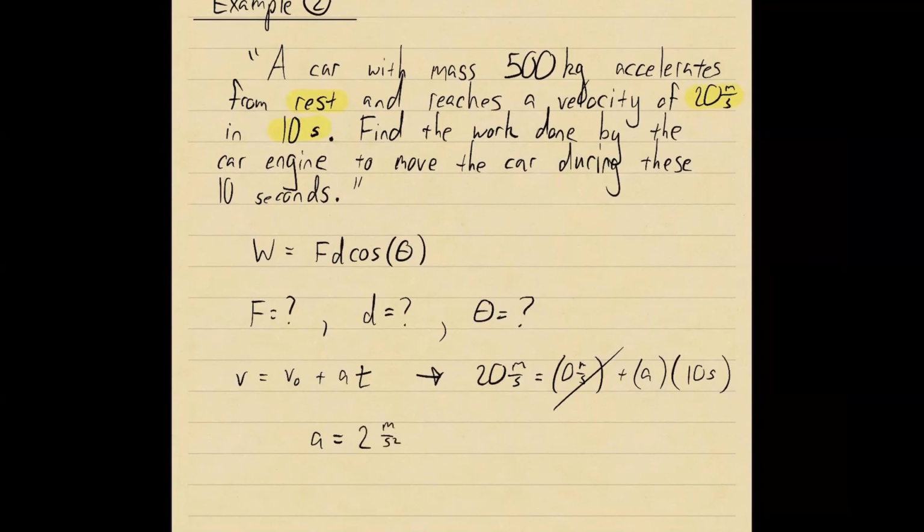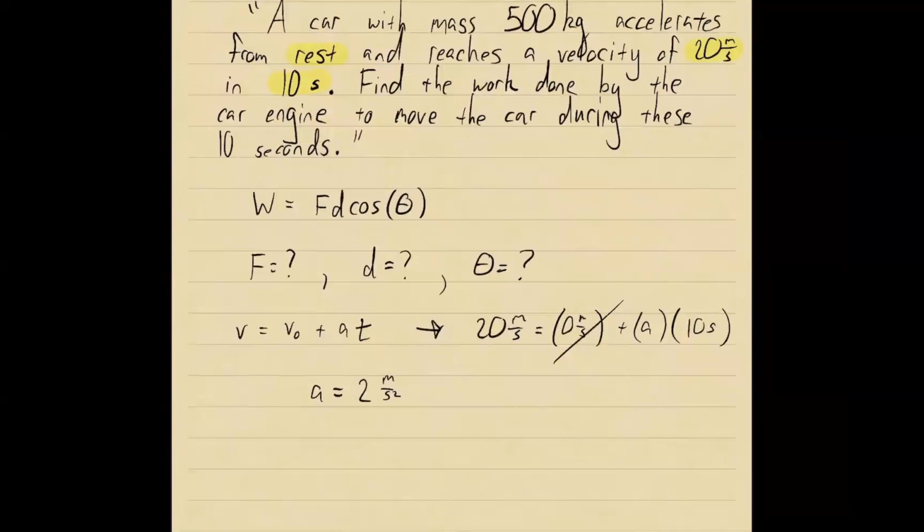And so the net force on our car is the thing that is providing this acceleration. The net force is equal to the mass of the car times the car's net acceleration.